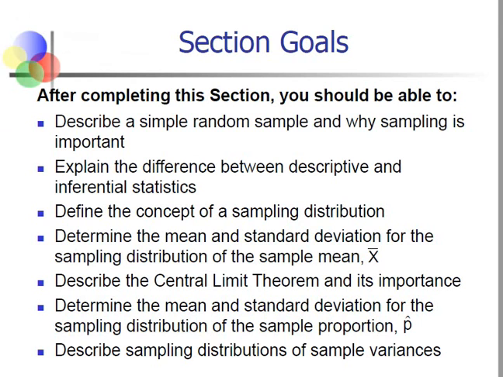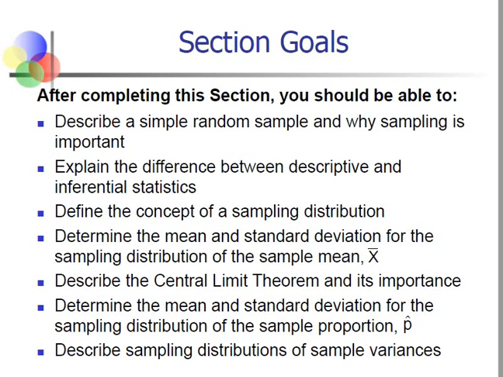Okay, so at the end of this discussion, you should be able to describe a sample, a random sample, a simple random sample, about sampling, descriptive and inferential statistics. You should be able to describe sampling distributions, the mean and standard deviation of a sampling distribution of sample means.